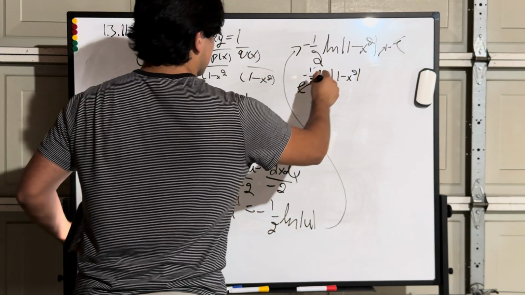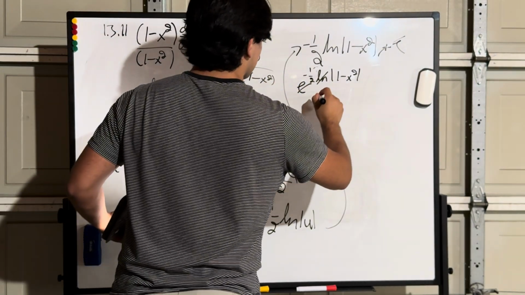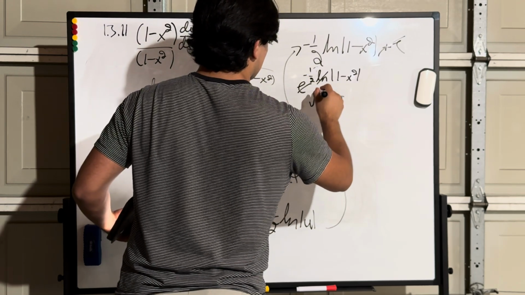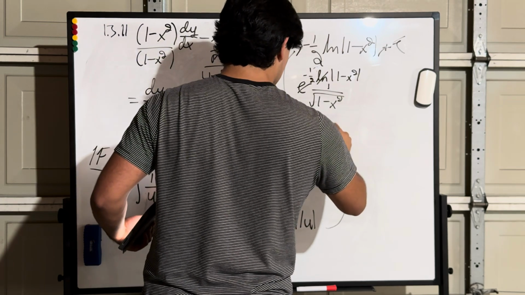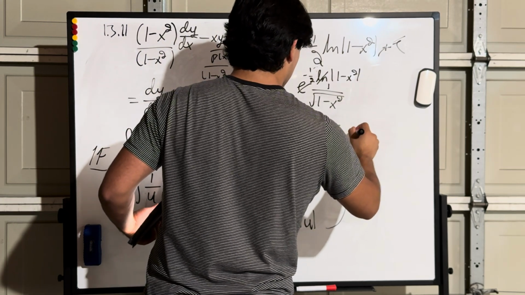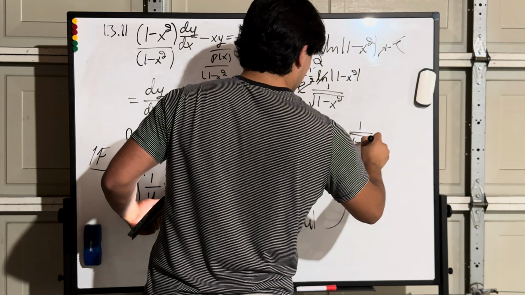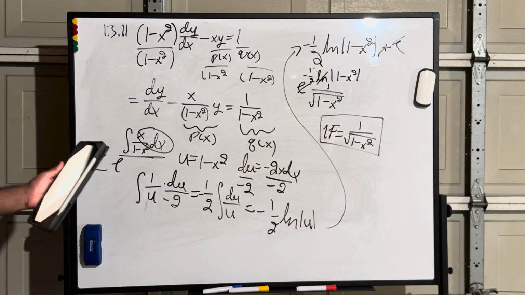And we always cancel these out. And this is an exponent. So we end up with 1 minus x squared. We already know what that is. Boom. Let me write that here, actually. That's your integration function.